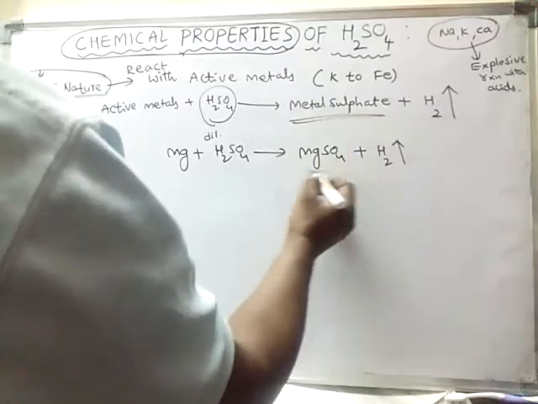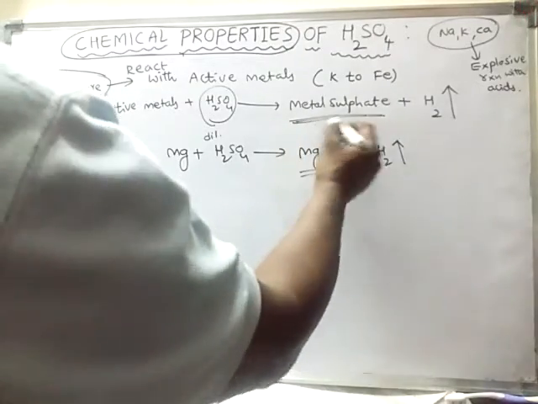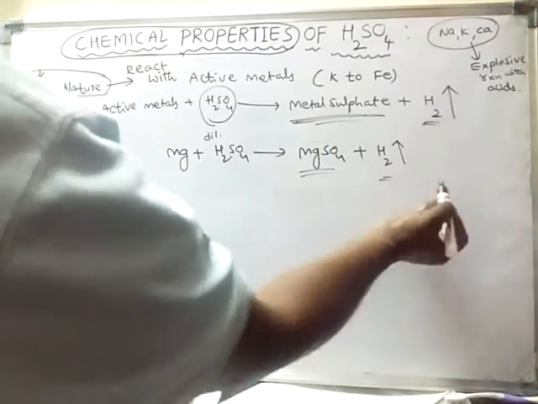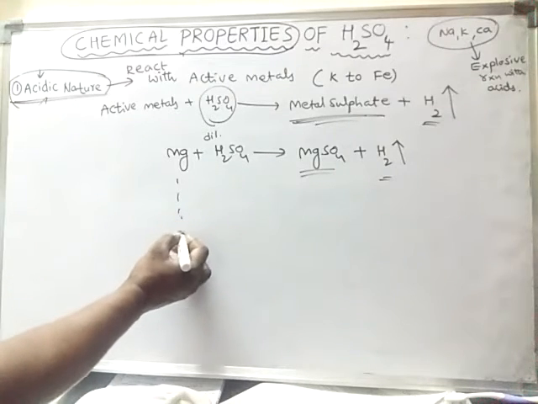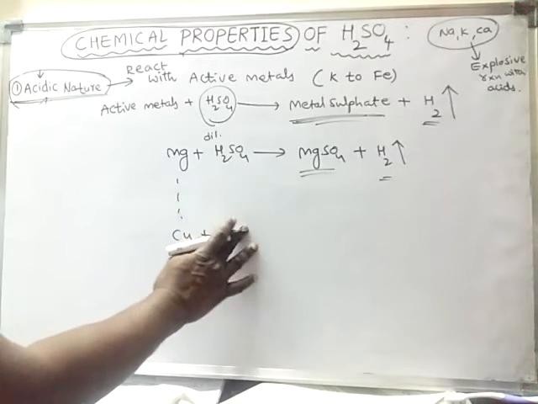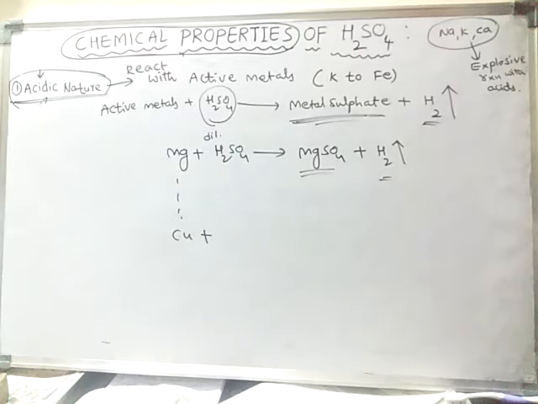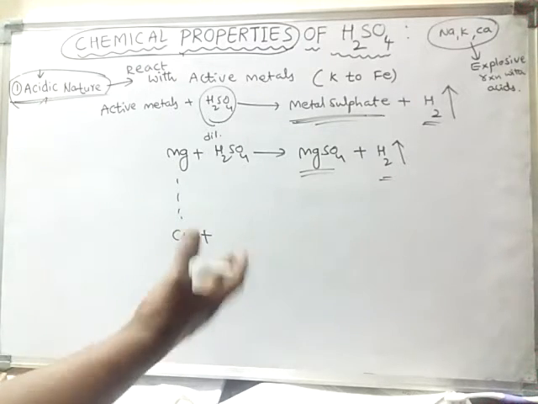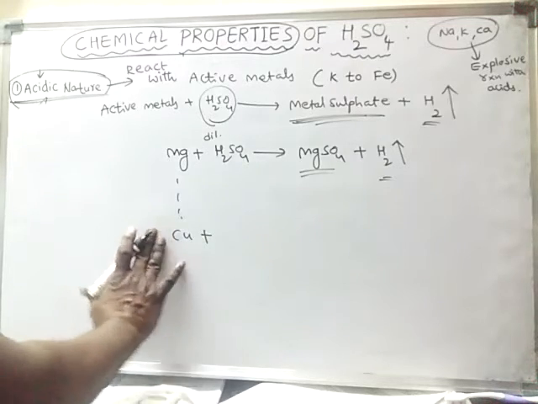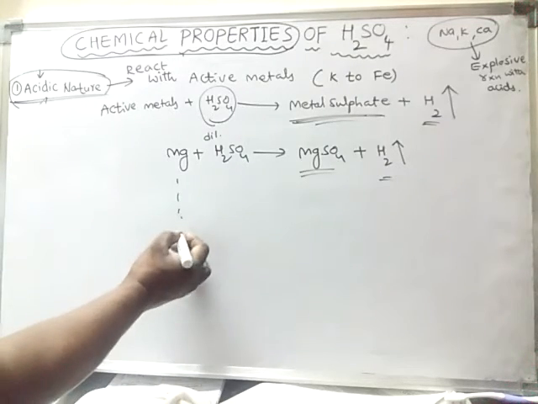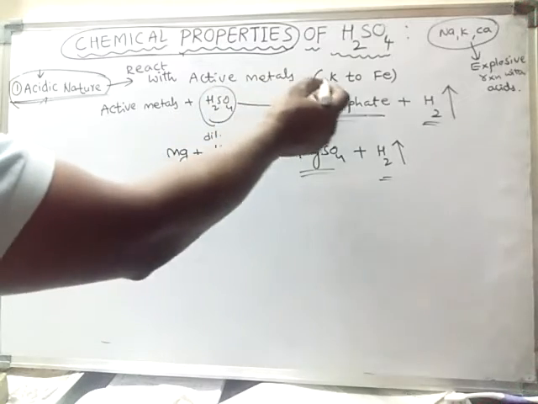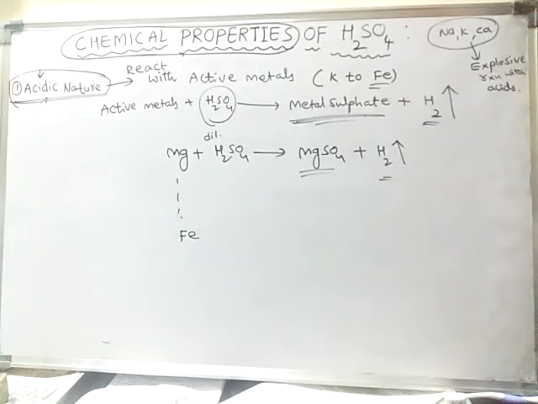Metal sulfates are salts, and hydrogen gas is also liberated. Down the series, copper does not liberate hydrogen with acids, because copper does not have that ability. Up to iron, active metals only can liberate hydrogen from acids.